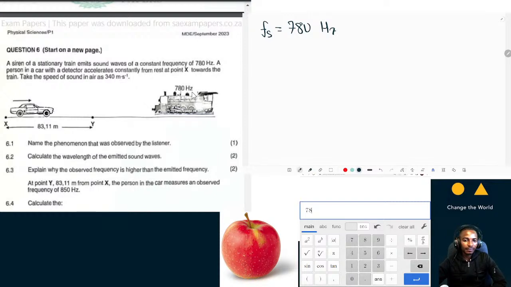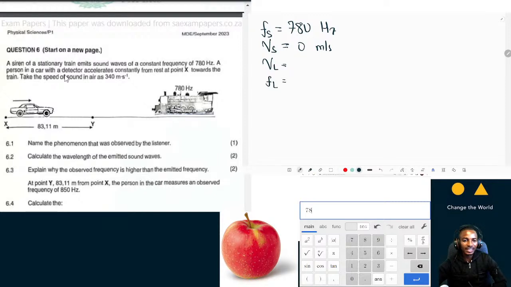This source is stationary, so the velocity of the source is 0 meters per second. Then a person in a car with a detector means this person is a listener, so we have the velocity of the listener and the frequency of the listener.